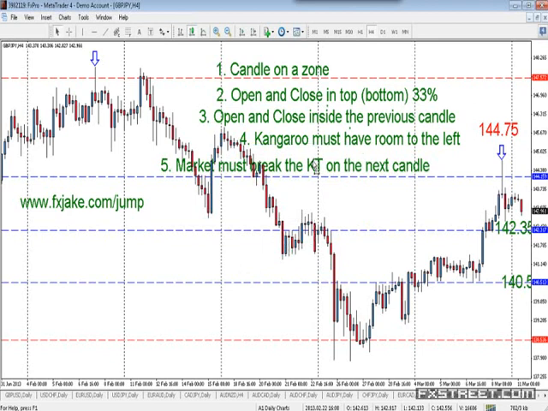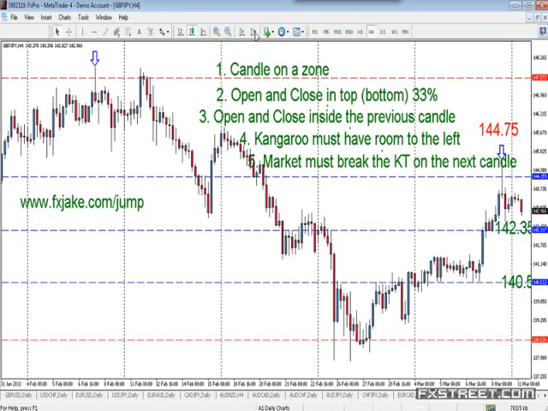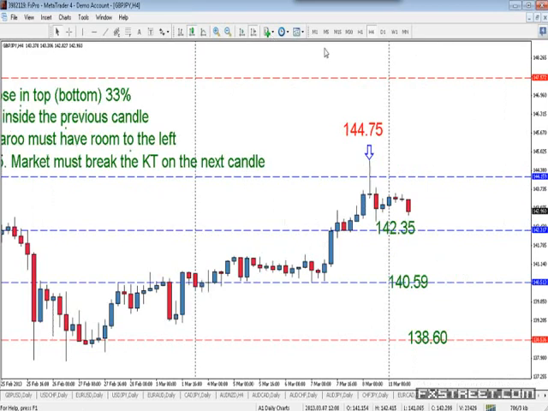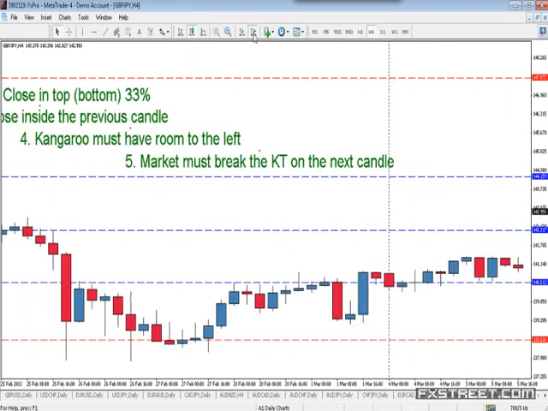What do I mean by the market must break the Kangaroo Tail on the next candle? What does that mean? Well, let's back it up and show you here. What I mean by that is that the market must take out the low for a sell Kangaroo Tail. And it must do it on the very next candle.